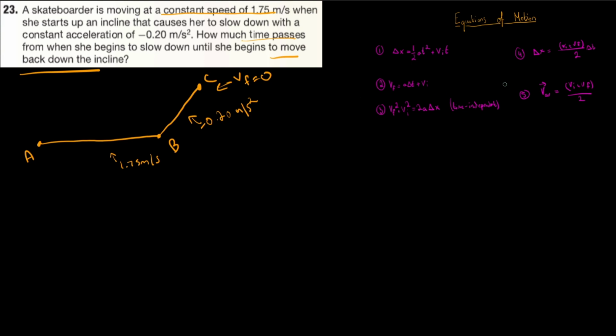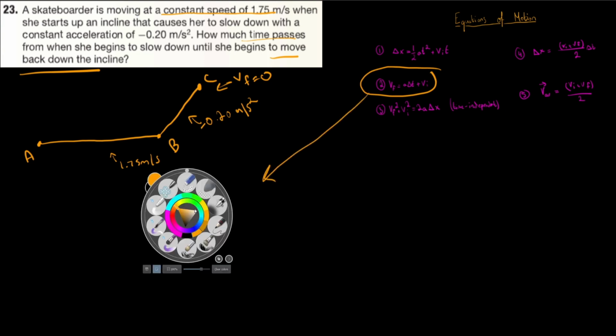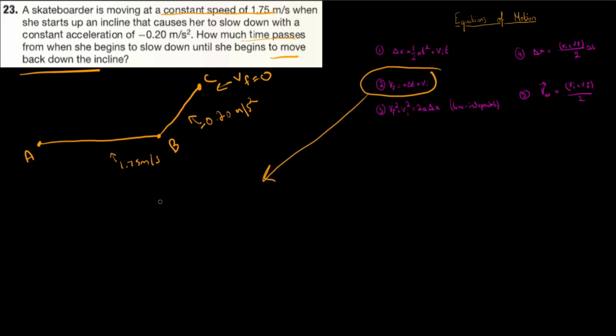using a formula. We can use this one again. So we write it as v final, which is 0, equal to acceleration, so negative 0.2, multiplied by the time that we don't have, and then plus the initial velocity of 1.75 meters per second.